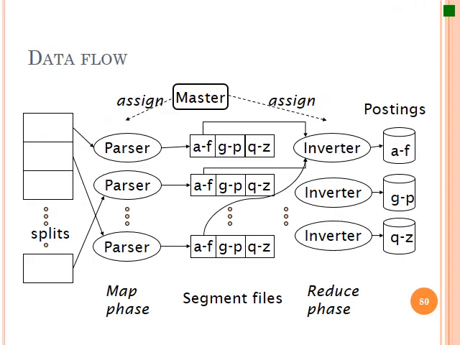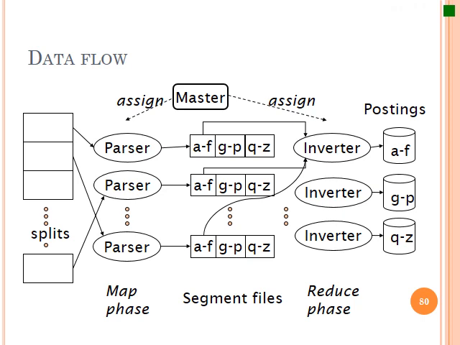So this is the general architecture of the data flow of the distributed index. You have all the splits here, where each split represents a document set, and each document set is fed into a parser, which will then generate the term-document mappings and divide them into 3 partitions.